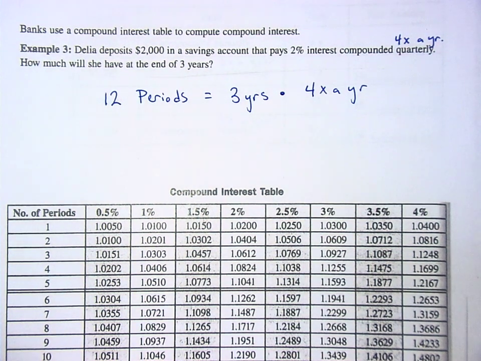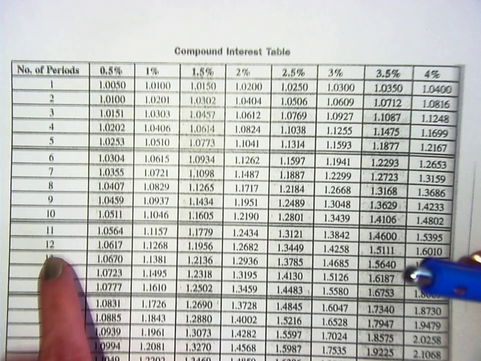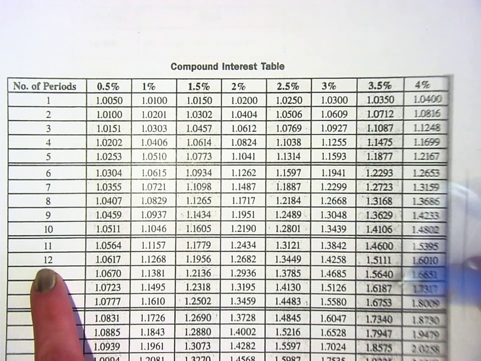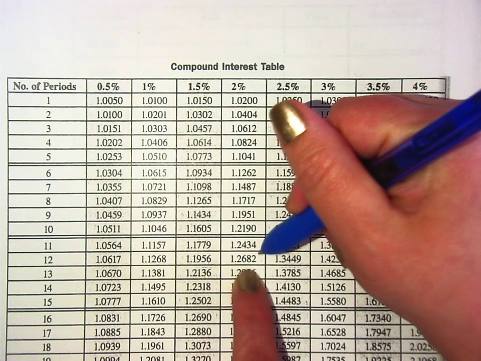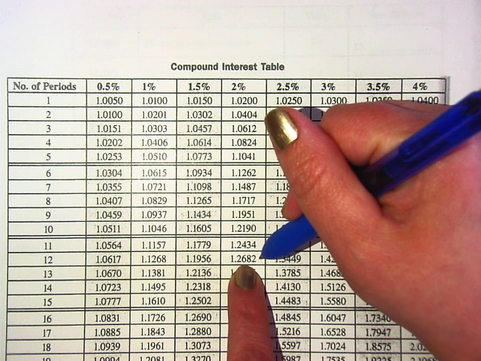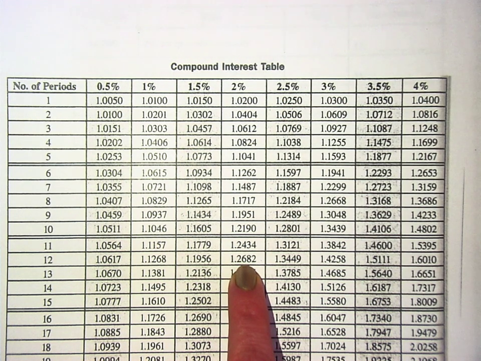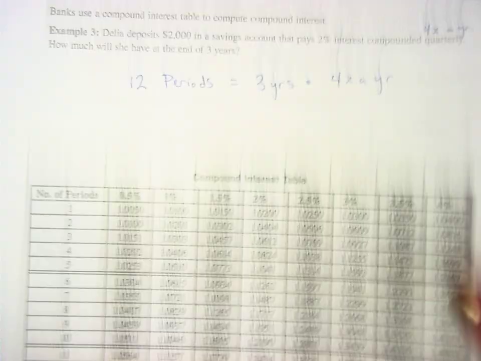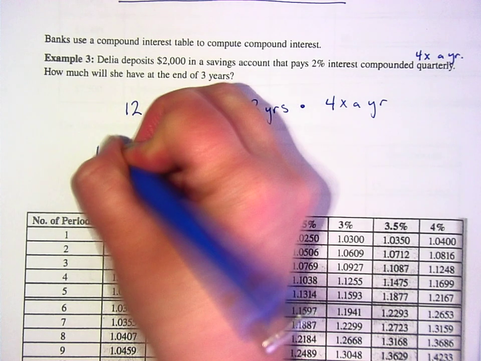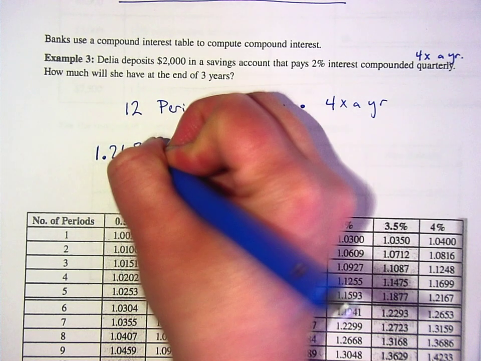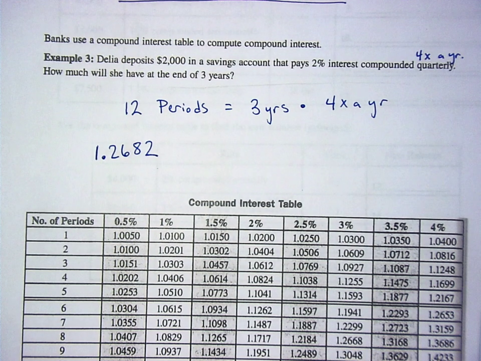So go down on the table to 12 periods and 2%. Do you see how it says 1.2682? Okay, I'm going to write that right here, 1.2682. That means that every dollar in your account has grown into $1.27.